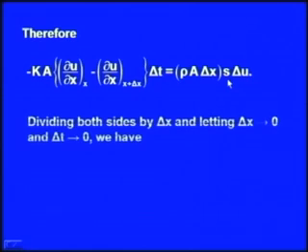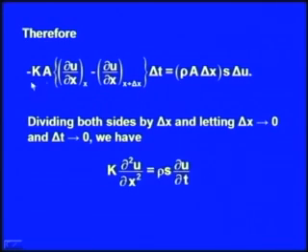Now, let us divide both sides of this equation by delta x and then let delta x and delta t go to 0. When you divide this expression by delta x, taking the minus sign inside, we have delta u over delta x at x plus delta x minus delta u over delta x at x, divided by delta x, which gives you delta over delta x of delta u by delta x, that is delta square u by delta x square.